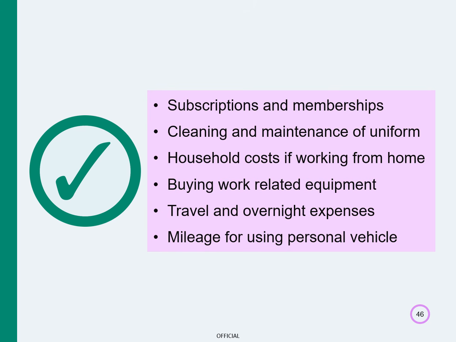So, this could be things like professional body subscriptions or membership fees, cleaning and maintaining your work uniform, additional household costs if you have to work from home for all or part of a week, buying work-related equipment, travel and overnight expenses, or mileage for using your own vehicle for work purposes, but not for commuting.